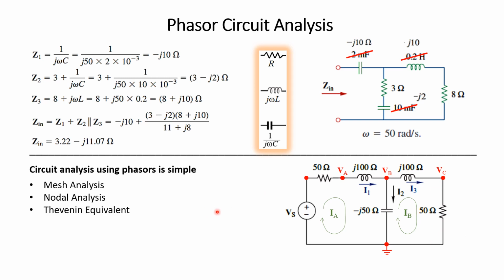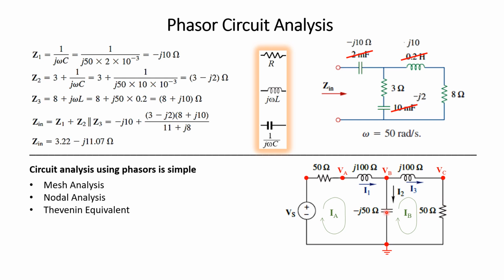The concept of Thevenin equivalent is the same as we discussed in previous chapters, chapter 3. We may want to see the Thevenin equivalent of the whole circuit seen by this 50 ohm resistance, or by any circuit element, the Thevenin equivalent of the rest of the circuit.